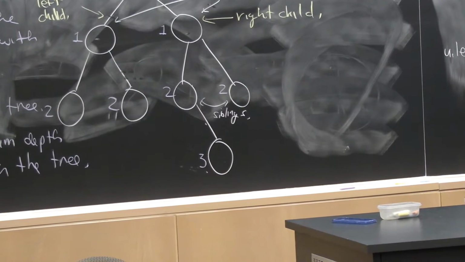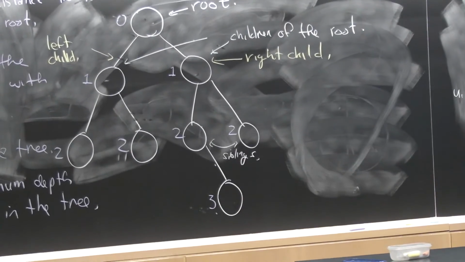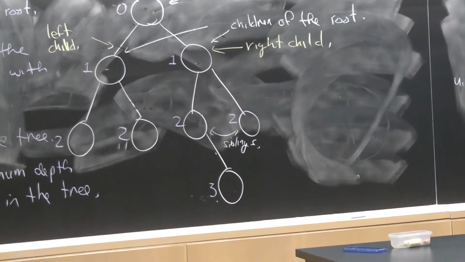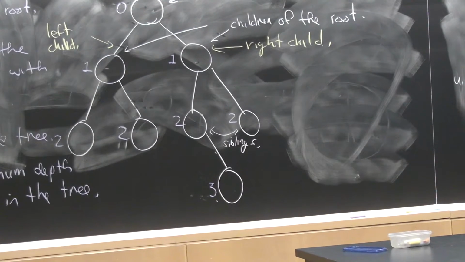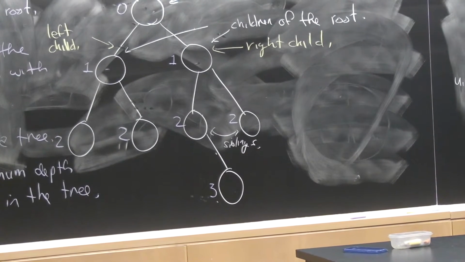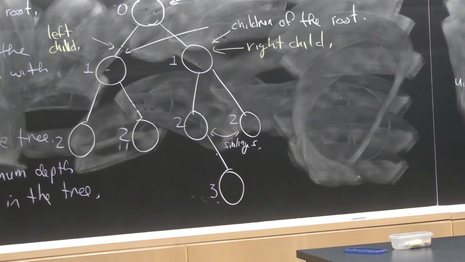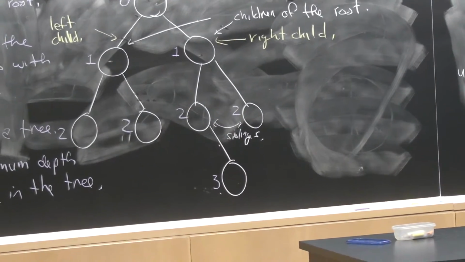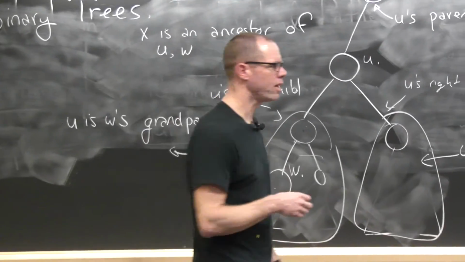You might call them cousins. You don't see that used too much, the term cousins, but siblings definitely. You often say sibling because otherwise it's kind of awkward to say something like the other child of the parent of the current node. So it's easier to say sibling.